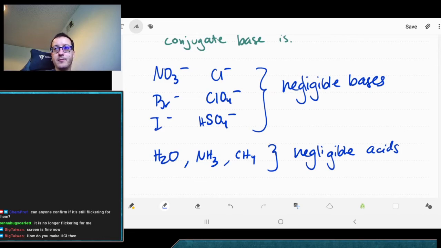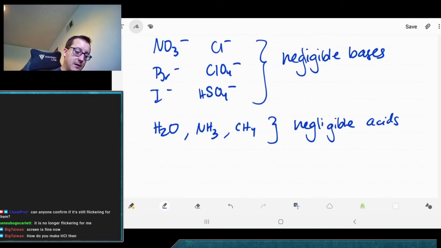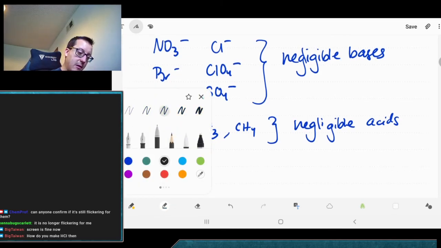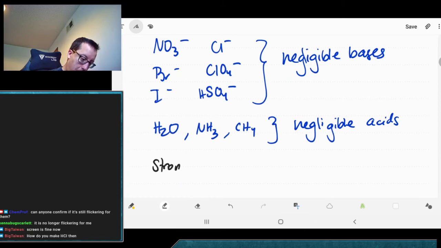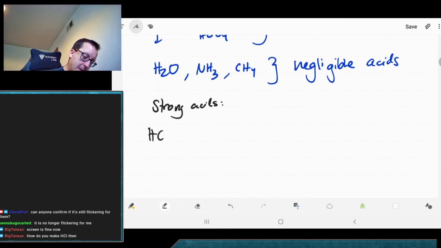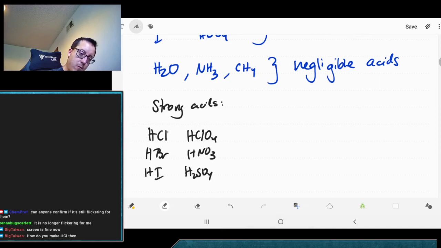Alright, so suffice it to say that for us we had those 6 strong acids. Our strong bases that we're going to mostly deal with are hydroxides.